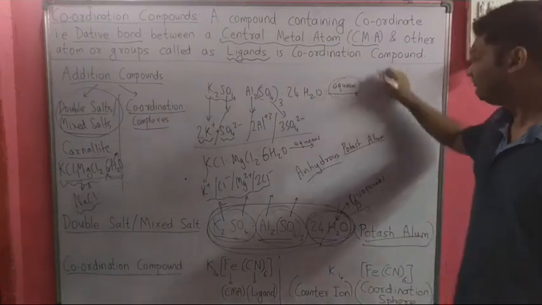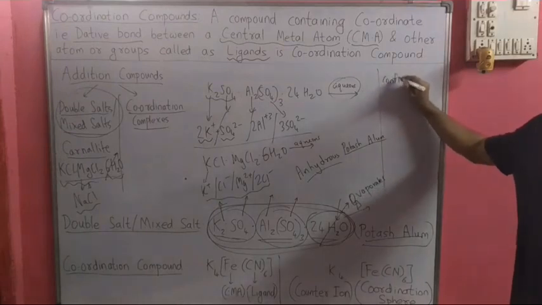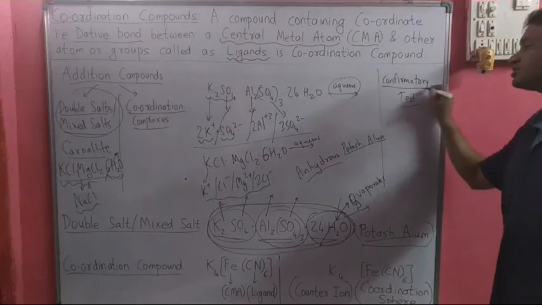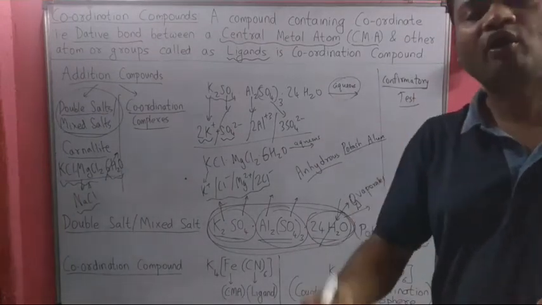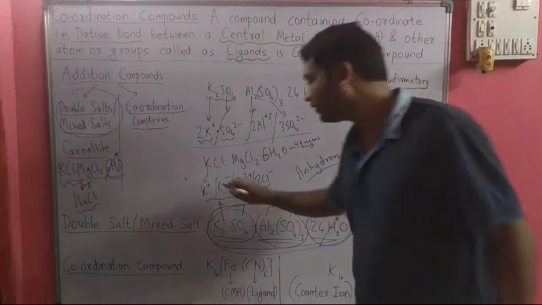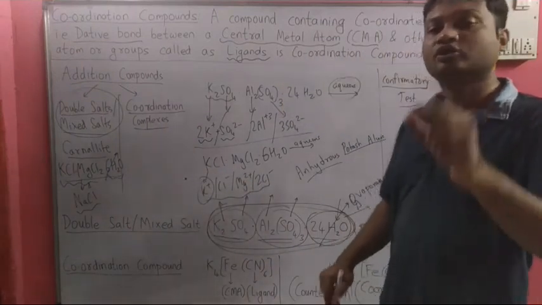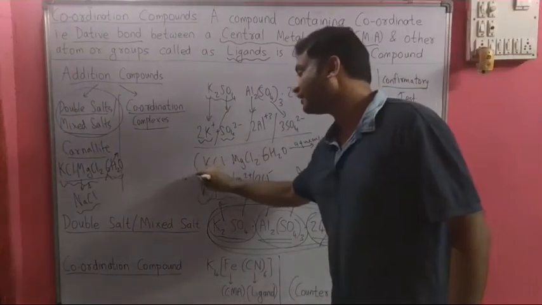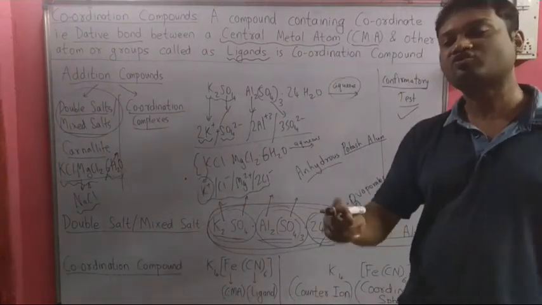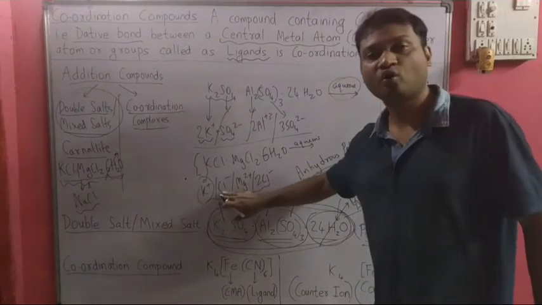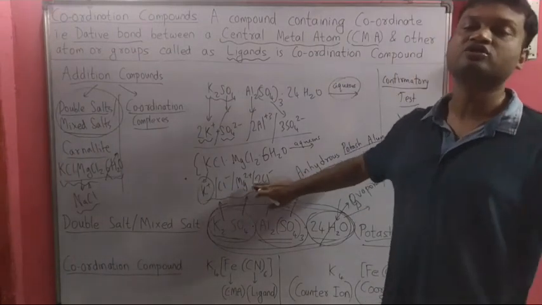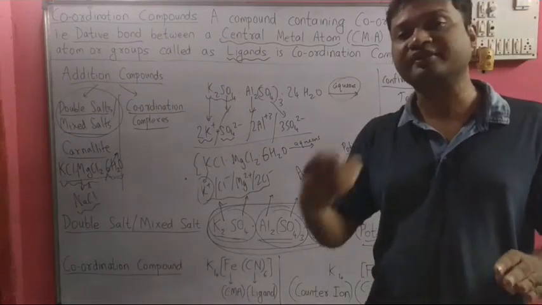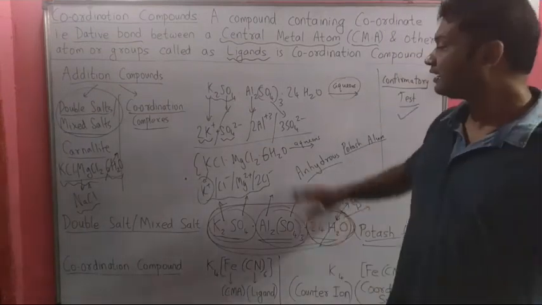Now, if I do the confirmatory test, what is a confirmatory test? Confirmatory test का मतलब है कि हम लोग उस आयन का टेस्ट करेंगे, पोटेशियम आयन का टेस्ट करेंगे. So it will give a positive test for potassium ion. This salt carnallite will give positive tests for potassium ion, chloride ion, magnesium ions, chloride ions.